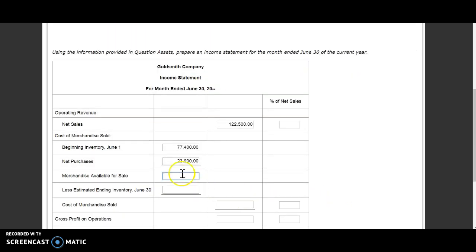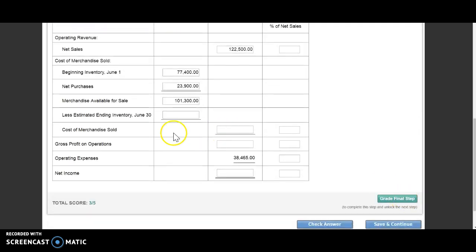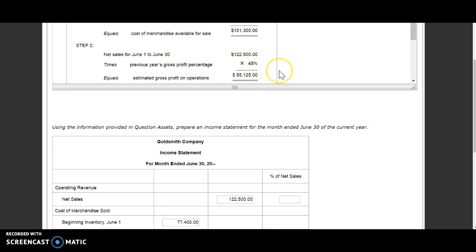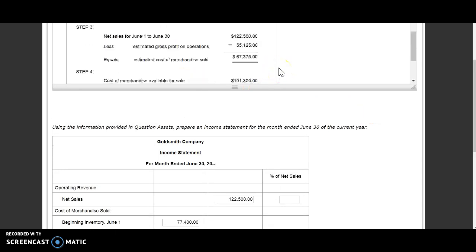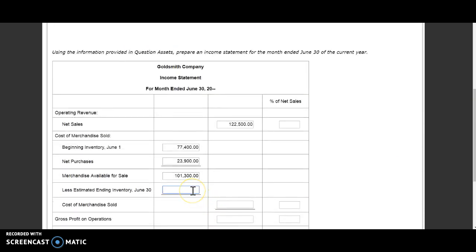Our merchandise available for sale then is 101,300. Notice that is just step one. Okay. Then we're going to subtract from it our estimated ending inventory. So when we look up here, we're going to find our estimated ending inventory. That's what we figured out in step four. So 33,925.